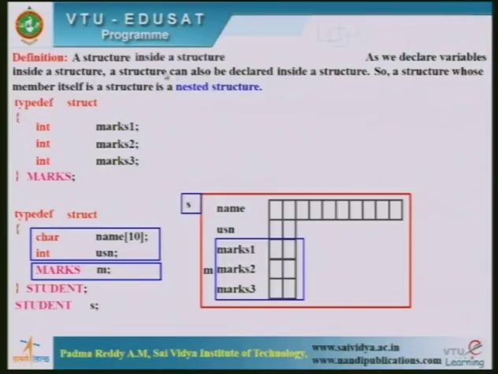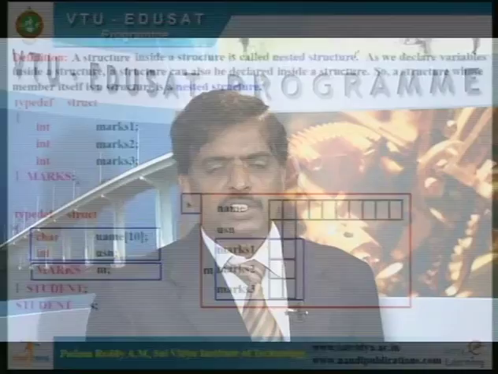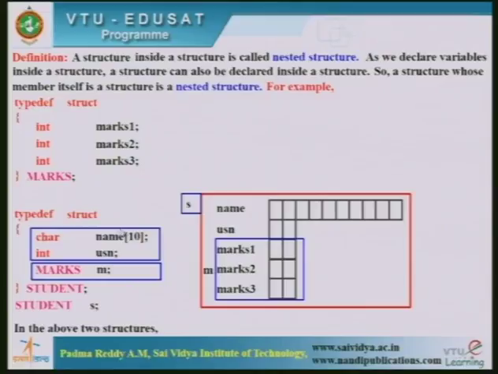A structure inside a structure is called a nested structure. This structure is inside another structure, so we call this as what? A nested structure. I hope we understood what is the meaning of a nested structure. For example, this is a nested structure.